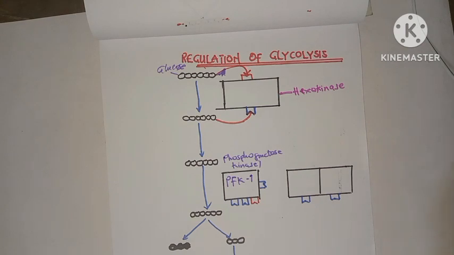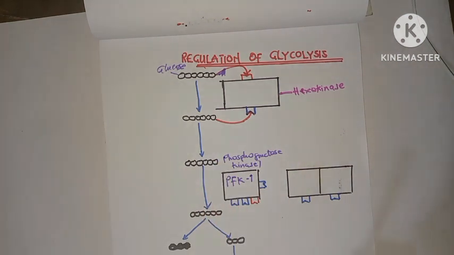Whenever you are making too much ATP through glycolysis, that is going to tell this enzyme that there is a lot of energy supply in the body, so don't keep doing glycolysis.